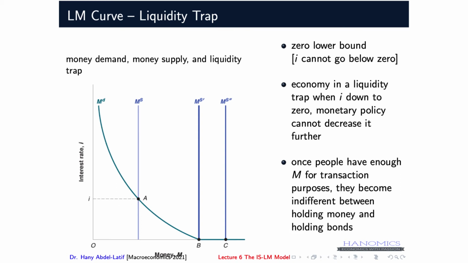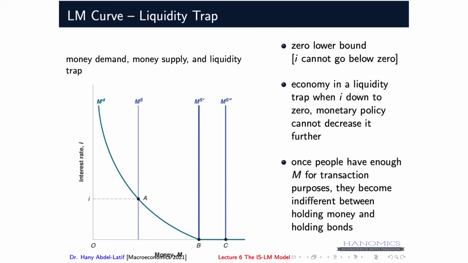And at this point, monetary policy becomes ineffective because changing money supply here wouldn't really change the interest rate if we believe in that zero lower bound.